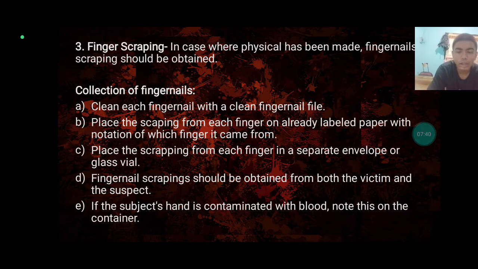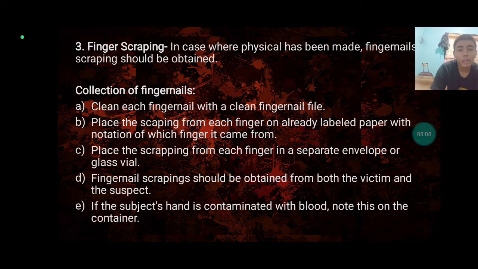A rape case or assault case is a good example of a case where fingernail scraping may be important. Items found under the fingernails include fibers, hair, and skin, which may be used to determine the blood group.